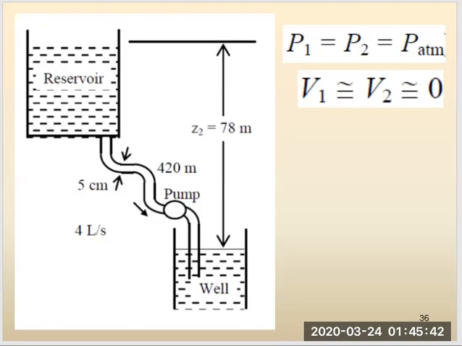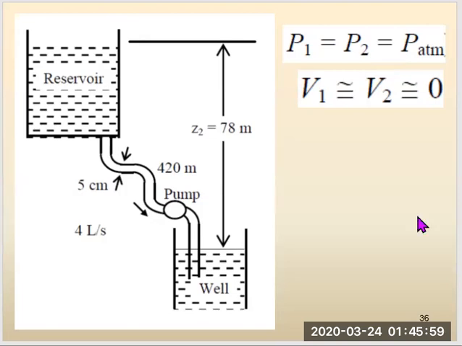We notice that the fluid at both points is open to the atmosphere. It means the pressures at point 1 and point 2 are equal and are the pressure of the atmosphere.